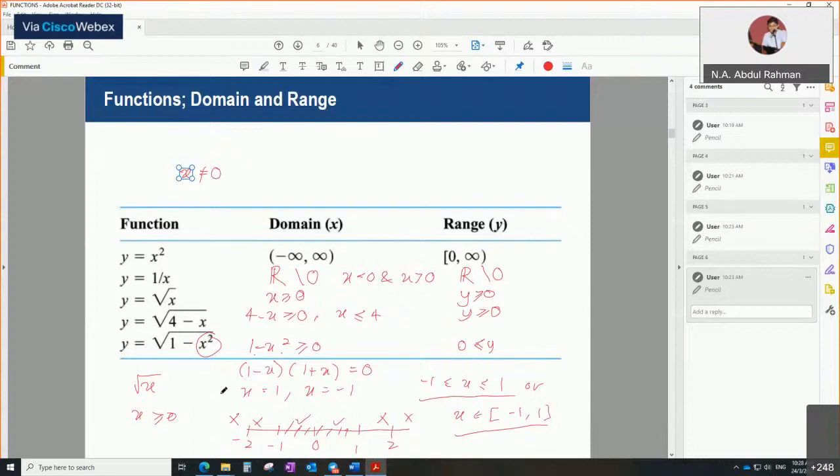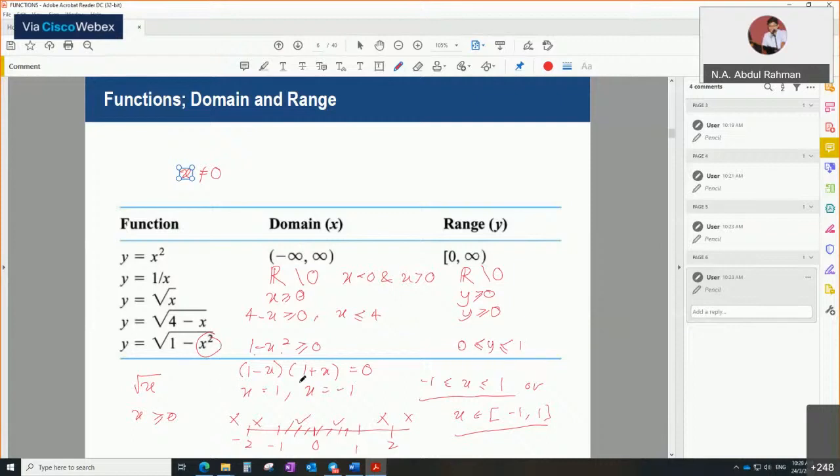So if you plug in negative 1 squared, 1 minus 1, I'm sorry, is 0, and then this one is 0. But the maximum will be when x equals 0. So 1 minus 0 will give you 1, so the square root of 1 is 1 itself. So y is between 0 and 1. You cannot get any value bigger than 1.